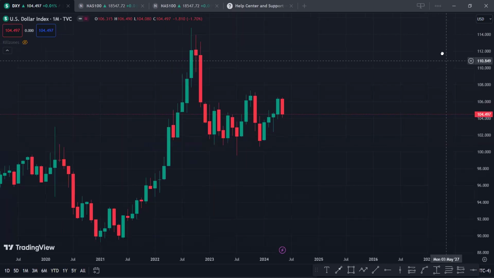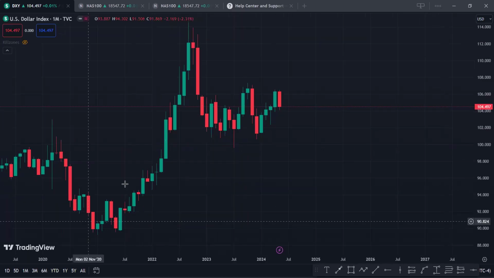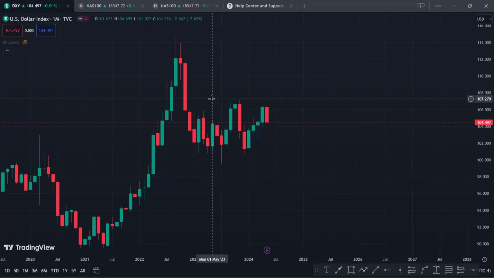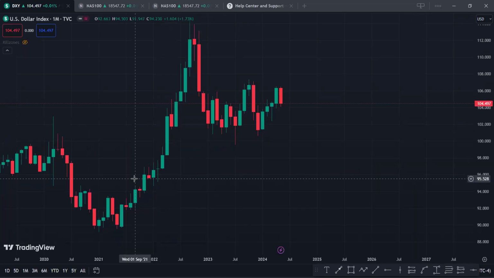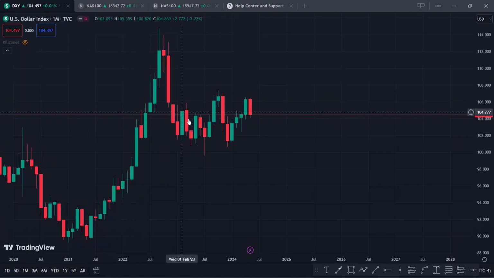Okay, so we saw the order flow and how bullish dollar was since March 2021. You can see, and we have seen since January 2023.